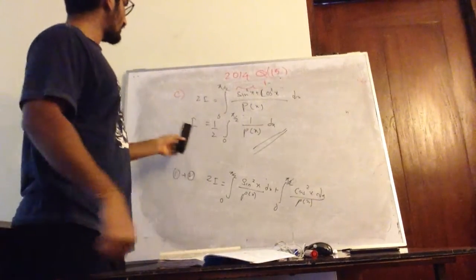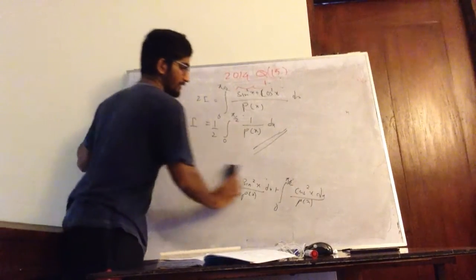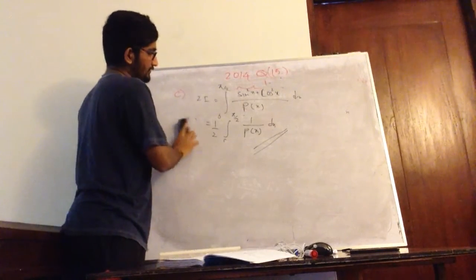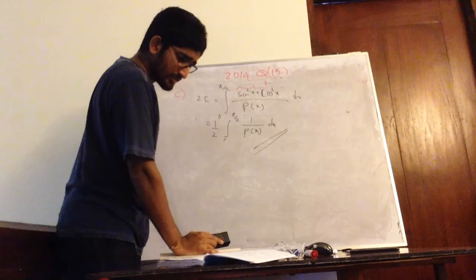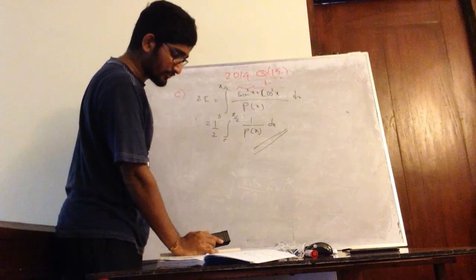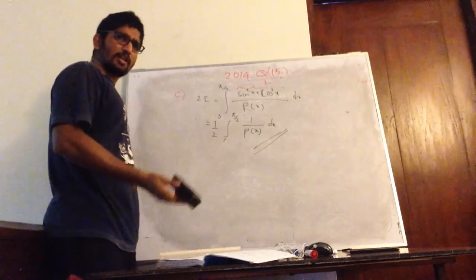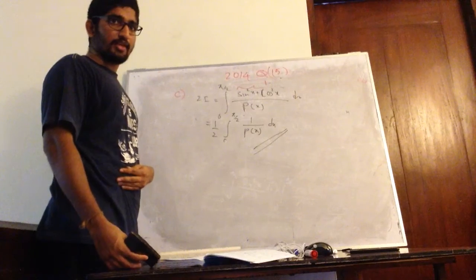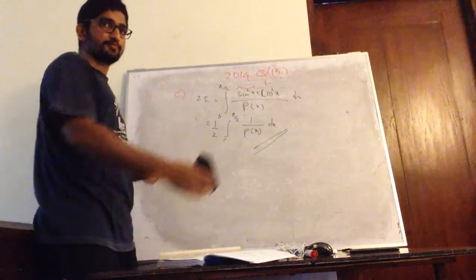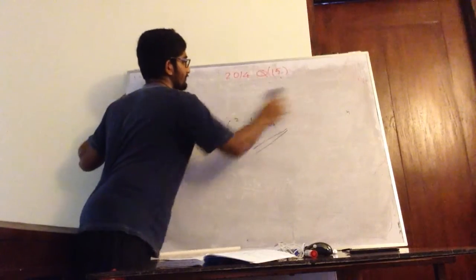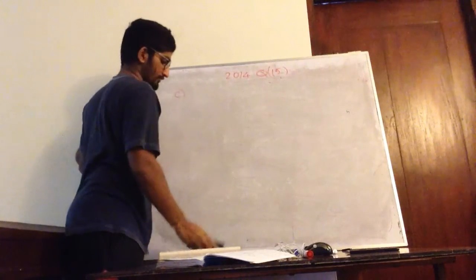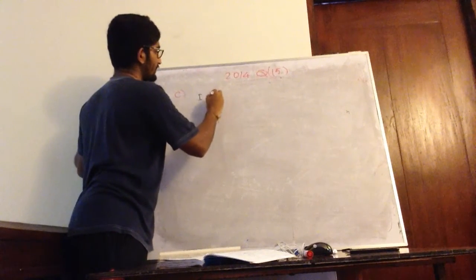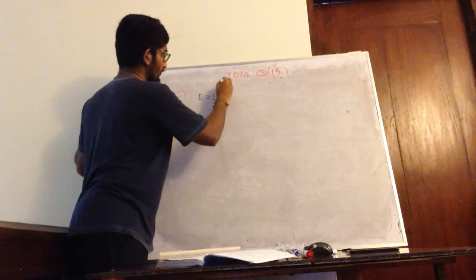Right, so now we got the statement for I. Now let's find what I is. Here P(x) is a multiplication of two terms. Because of that, what straight away comes to my mind is that we can do this using partial fractions. So now I is half, integral from 0 to 5 over 2.